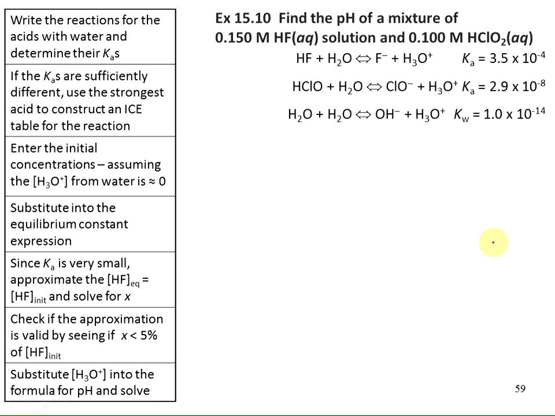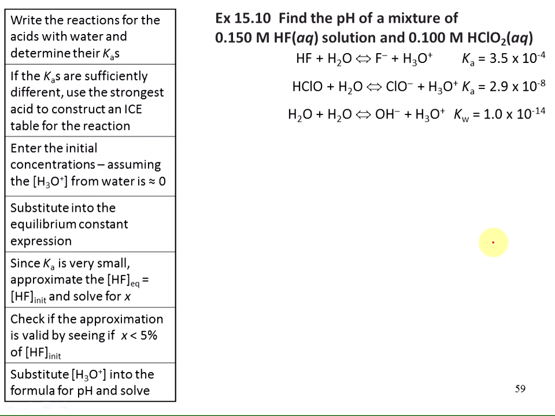The equilibrium constant for the HF is 3.5 times 10 to the minus 4th, and the hypochlorous acid has an equilibrium constant of 2.9 times 10 to the minus 8th. So the hydrofluoric acid is the strongest of the acids within this system here.